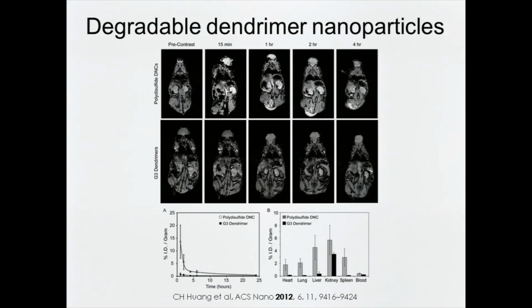You can see contrast in the blood vessels and also the kidneys of these mice injected with these aggregates. In the case of similar particles that are just single dendrimers that haven't been aggregated, you don't really see any contrast. And when you look at the pharmacokinetics, it's clear that this G3 dendrimer has been excreted very quickly, whereas there's a longer circulation time for this aggregated dendrimer.